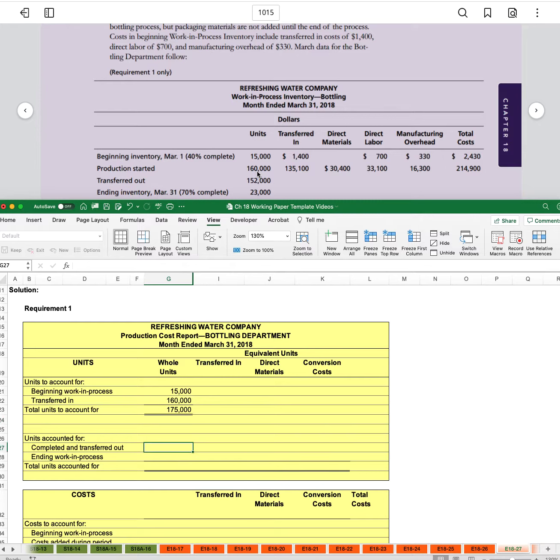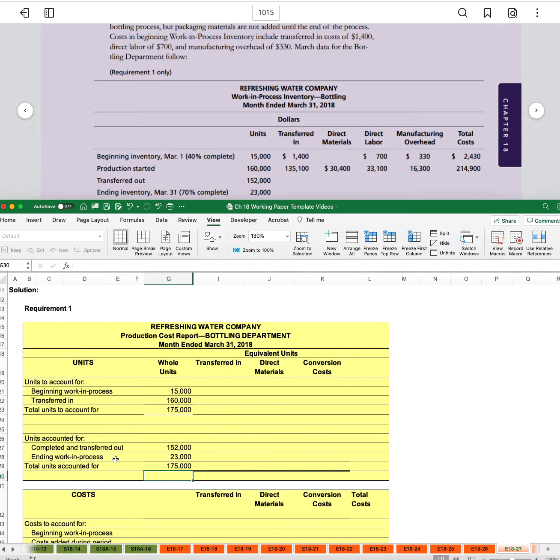As far as accounted for, completed and transferred out was 152,000. Our ending WIP was 23,000 units. And so that's a total of 175,000 units accounted for. And so that's our first double check.